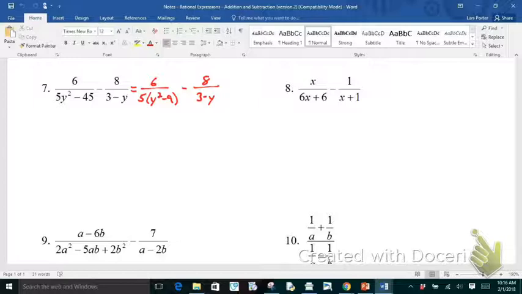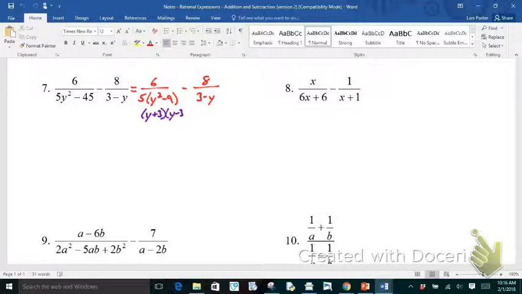It's going to be factored into y plus 3 times y minus 3. Now that looks a little bit like this, but it's not the same, and they cannot cancel. So we've got to figure out what we can do with this in order to get where we want to go.